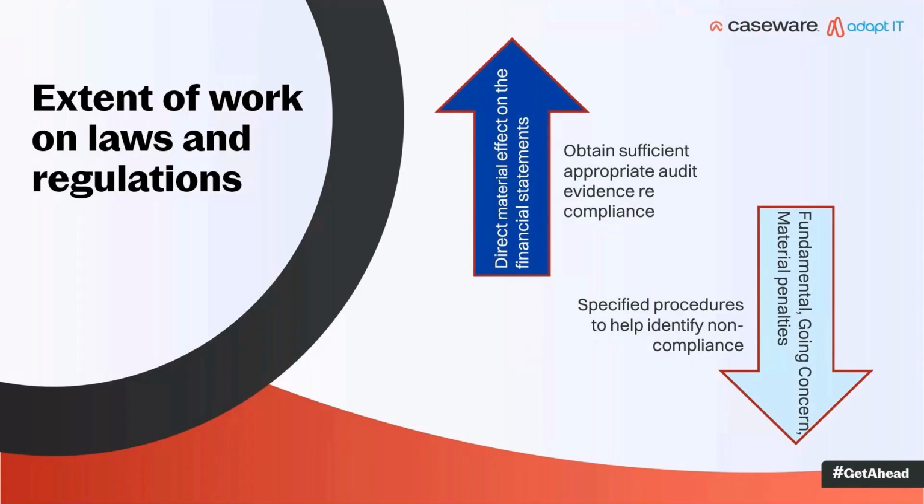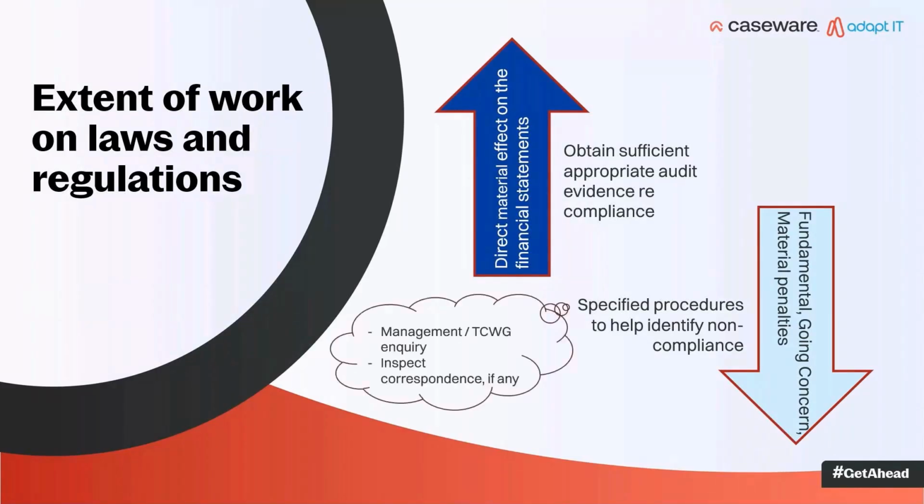So again, you can't just say, how's the client complying? No, you've actually got to do a little bit more to identify any possible non-compliance, of course, if it's the case. Hopefully it's not the case. So what would those be? That is where you need to make an inquiry of management and those charged with governance about how they're complying, which we've already done as part of the purple block, but then also to inspect correspondence if there is anything to confirm that they are in fact complying.